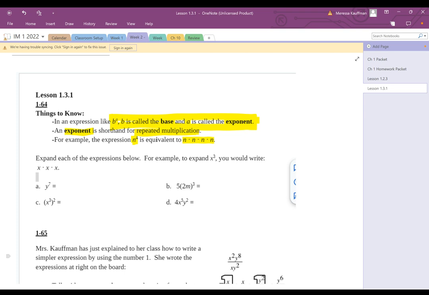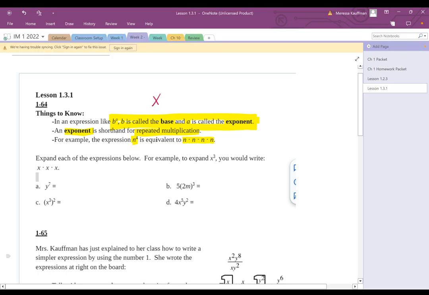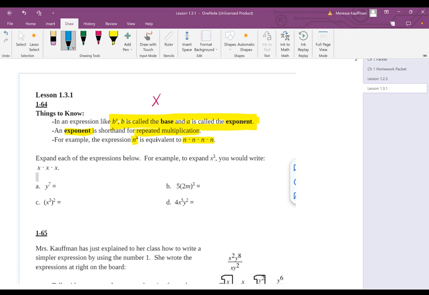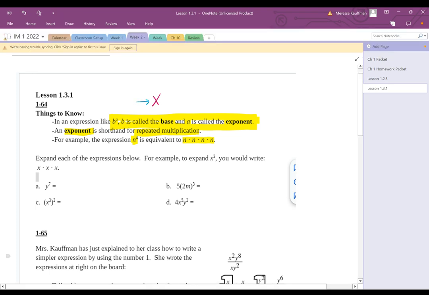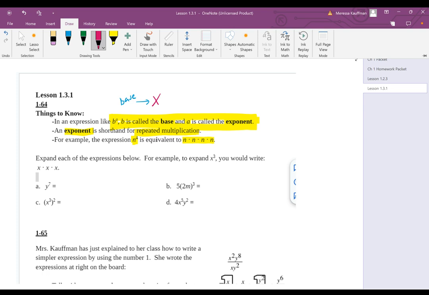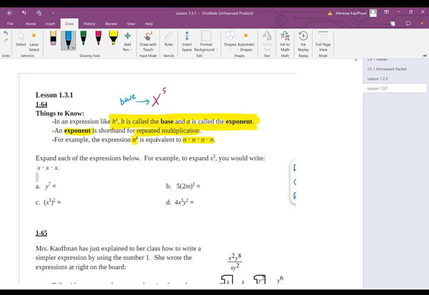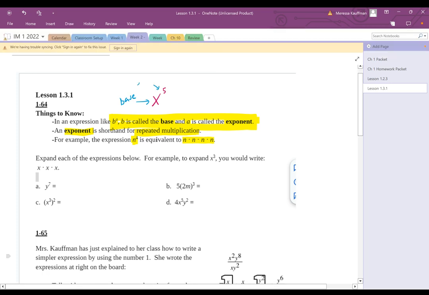Now I'm going to give you one to write down above here, and we're just going to call it x. X is my base. So I'm going to make a little notation that this big part of my expression is my base, but my exponent, which is 5, I'm going to make a little note to remind myself this is the exponent, that little number on top.